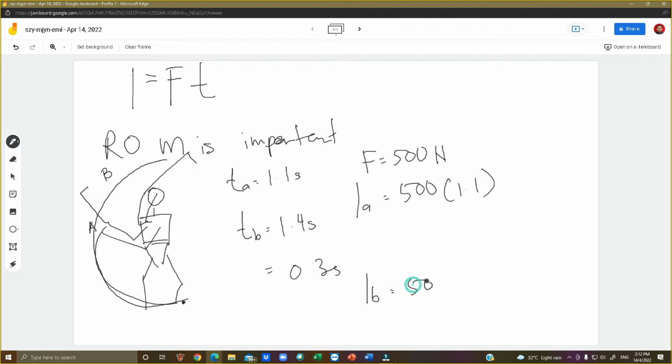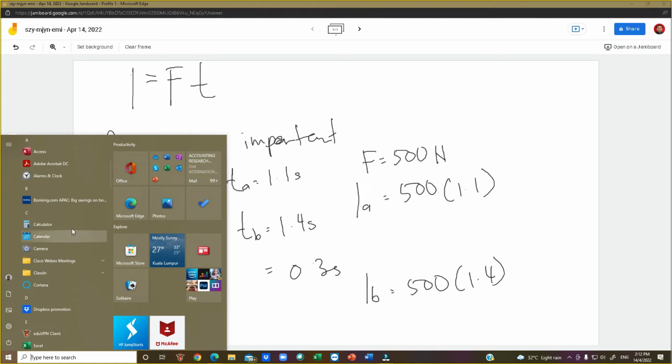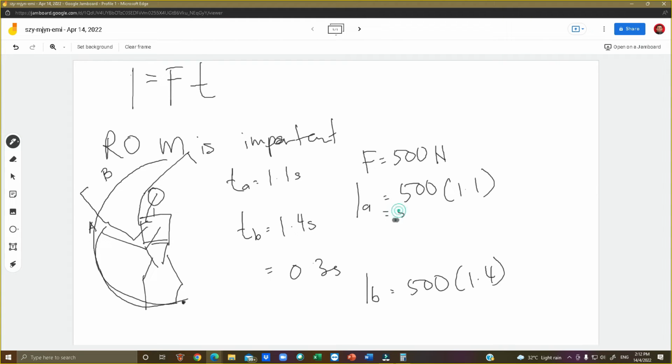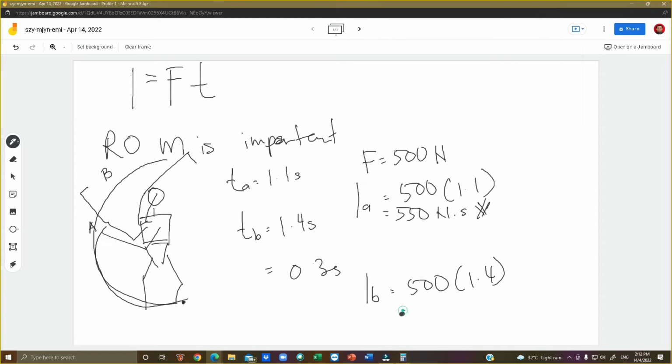IB equals to 500 times 1.4. Okay, berapa kita dapat dua ni? 500 times 1.1, it would be 550 Newton per second. And as for B, 500 times 1.4 equals to 700 Newton per second.